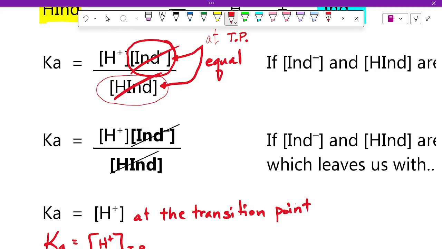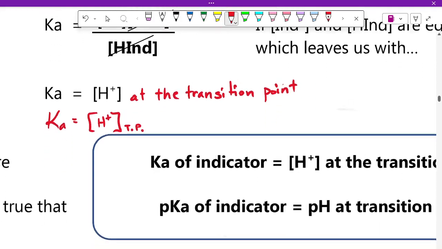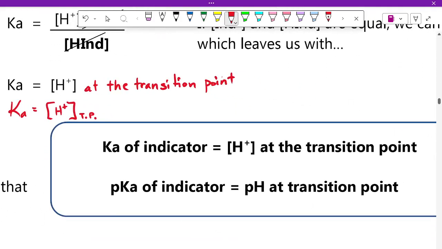So if you had a solution and the indicator was at its transition color, and you used a pH meter to find out the hydrogen ion concentration, you could figure out what the Ka of that indicator is, because it would be the same as the hydrogen ion concentration. So Ka of the indicator equals H plus at the transition point.